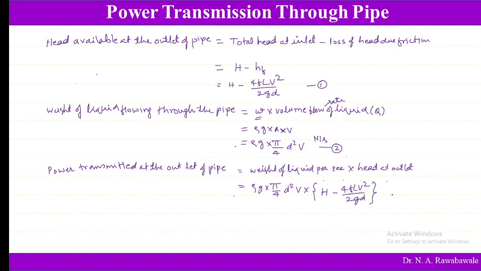We call this equation number 3, which gives us the power in watts. Or else, if we divide it by 1000, this gives the power transmitted in kilowatts. So this is equal to rho g divided by 1000.